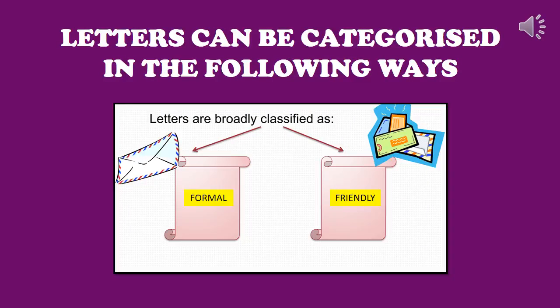As you have already been told, broadly speaking, there are two types of letters, the formal letter and the informal letter. Formal letters are official letters dealing with subjects such as inquiry, ordering, reference, request, booking, complaint, apology. These letters are formal in nature.